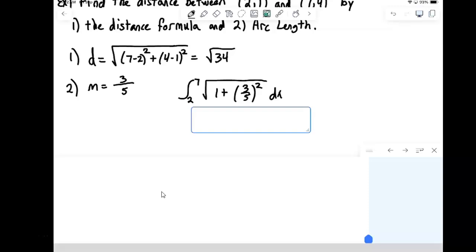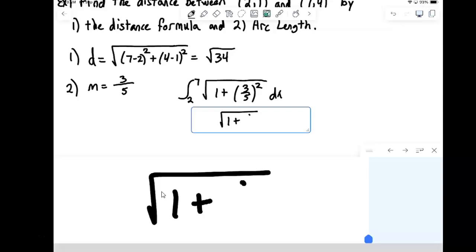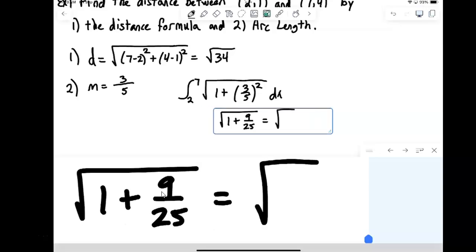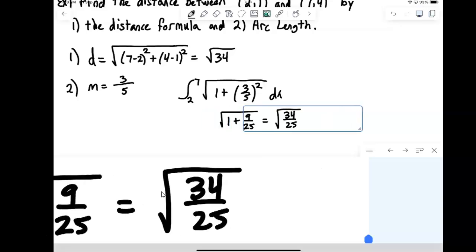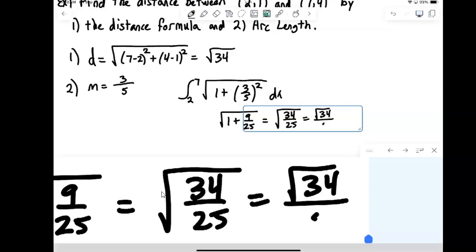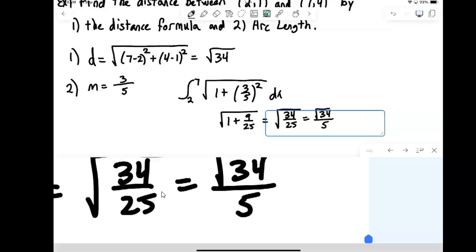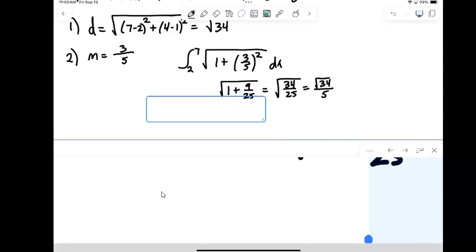That's going to be on the inside there, 1 plus 9 over 25. That is just 34 over 25. And that, of course, is square root of 34 over 5. Okay.